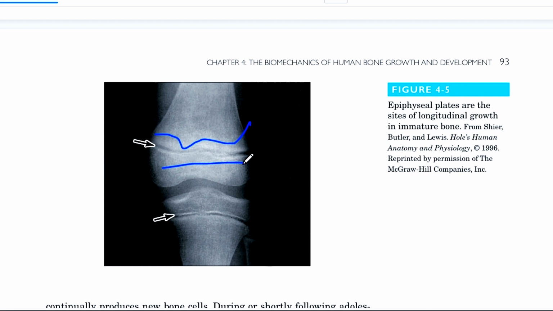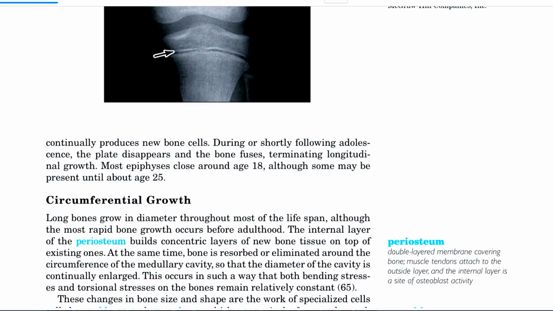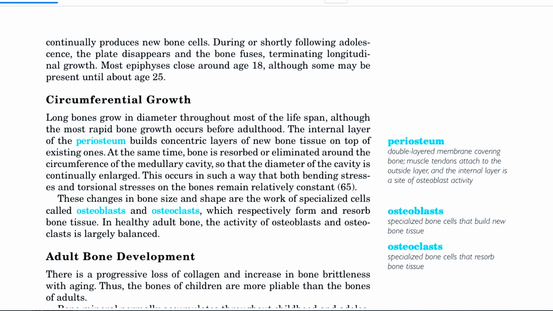That means most people reach their specific height between the ages of 18 and 25, as the biomechanics book says. But now there is research that says growth is also present after that.